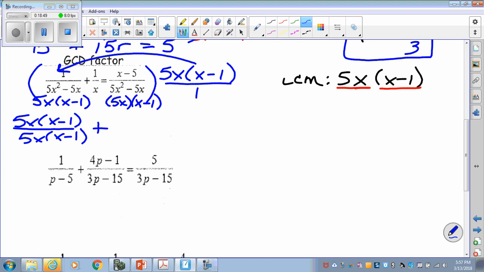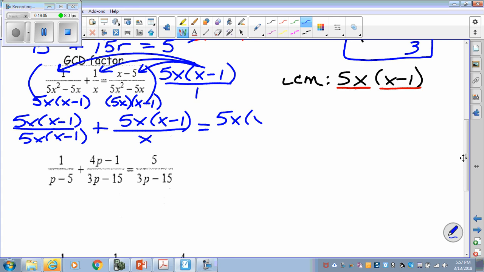Plus, and then now I'm going to multiply that by that, right? So it's 1 times that, so that would be 5x times x minus 1 all over x, right? Equals, and then now I'm going to multiply that by that, right? So it's 5x times x minus 1 times the x minus 5 all over the 5x times x minus 1.